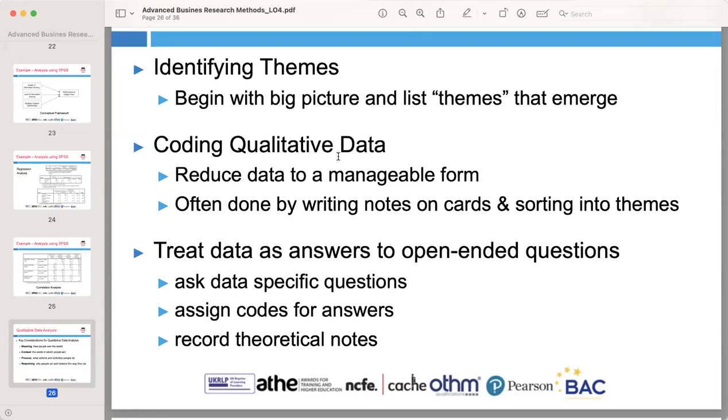We break down the data into smaller parts such as sentences or paragraphs and assign codes to represent those parts. Treat data as answers to open-ended questions, ask data-specific questions, assign codes for answers, and record theoretical notes.